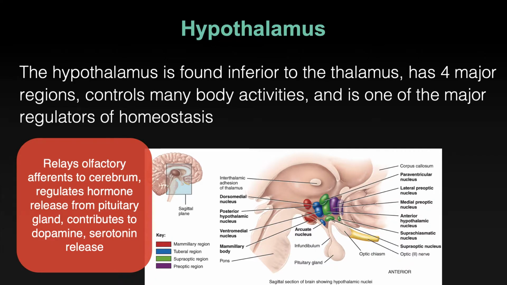Release of those hormones is controlled by the hypothalamus. So it has powerful ability to regulate homeostasis in the body through the connection to the pituitary gland through the infundibulum, which is a fun word.